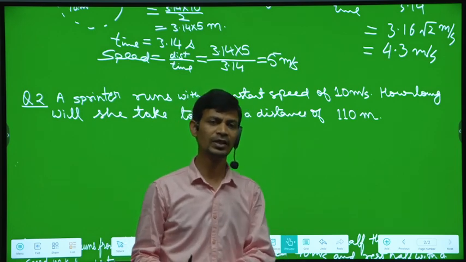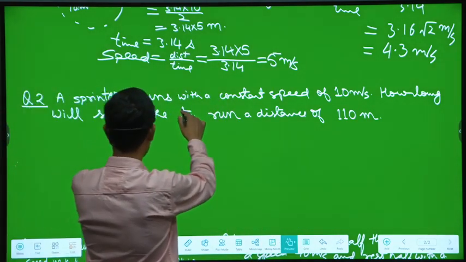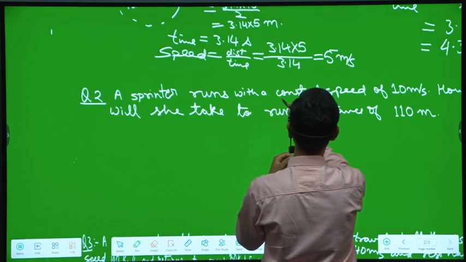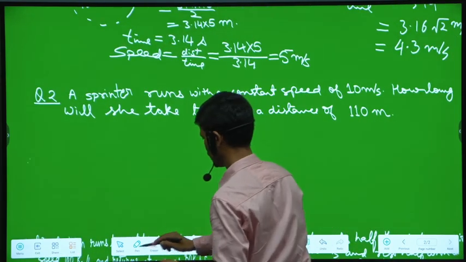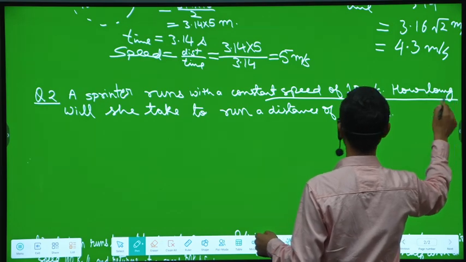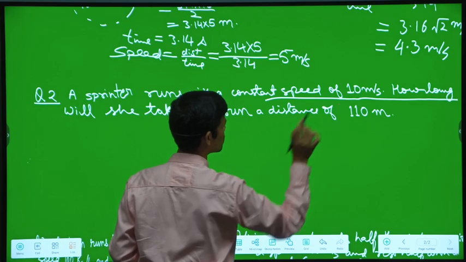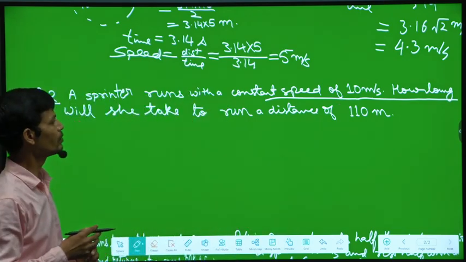The sprinter just has to run. A sprinter runs with a constant speed of 10 meter per second. How long will she take to run a distance of 110 meter?